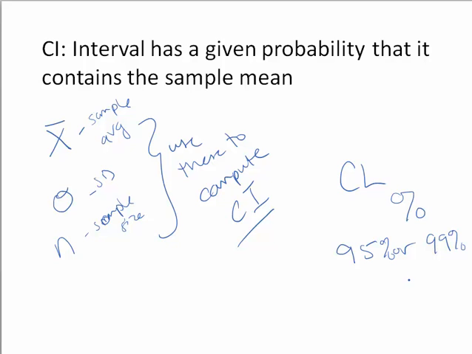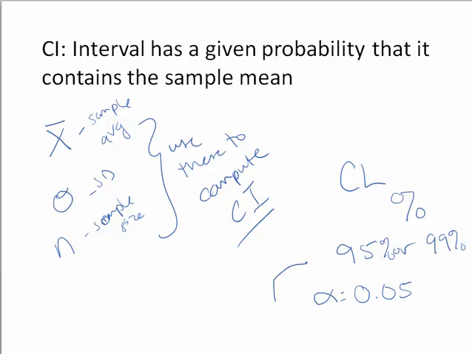So for computation's sake, we actually use this form of the confidence level in terms of alpha, which in the case of 95%, our alpha is 0.05.